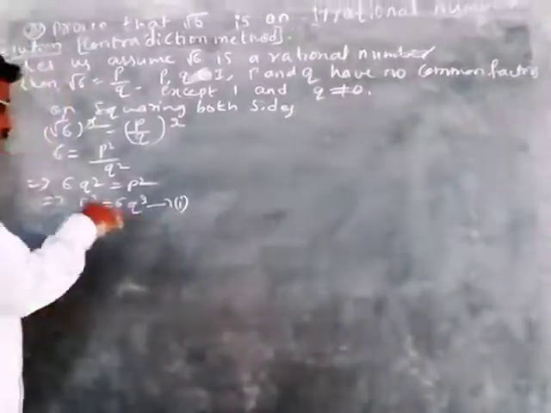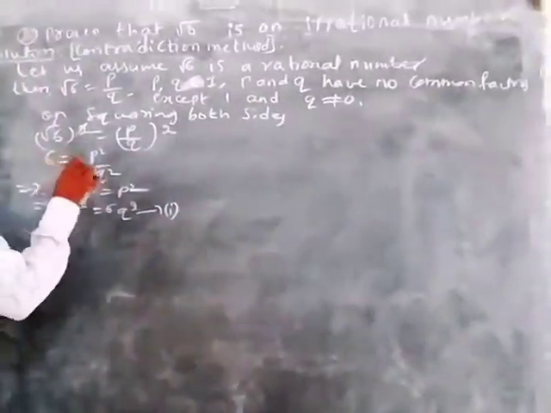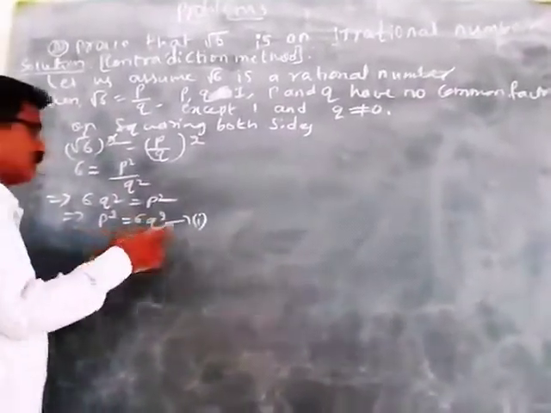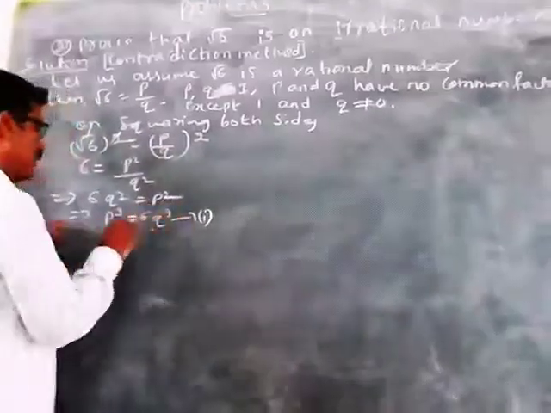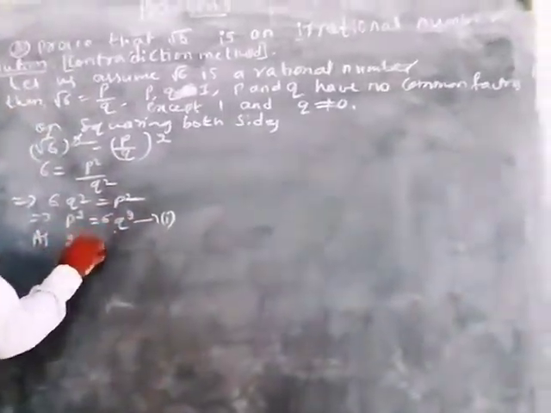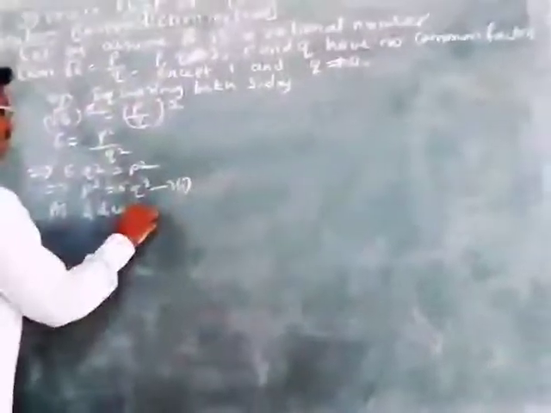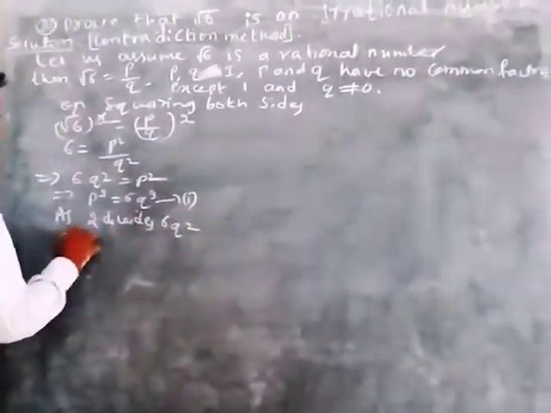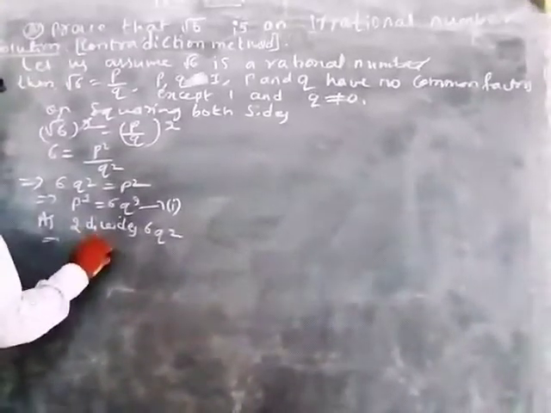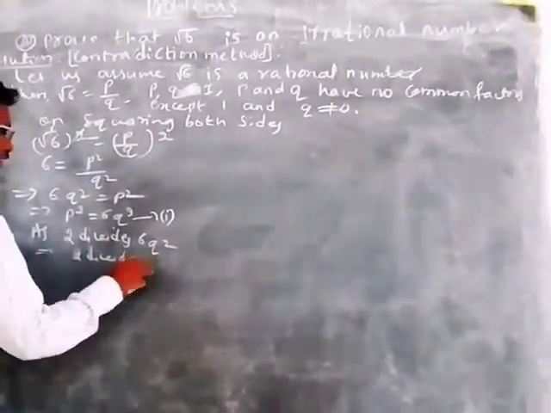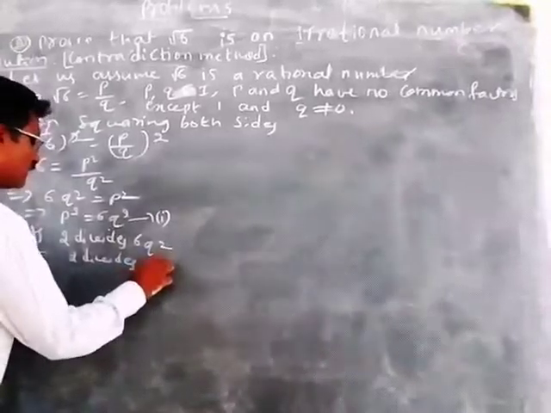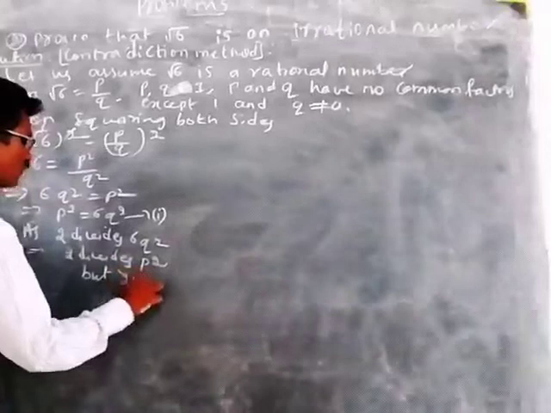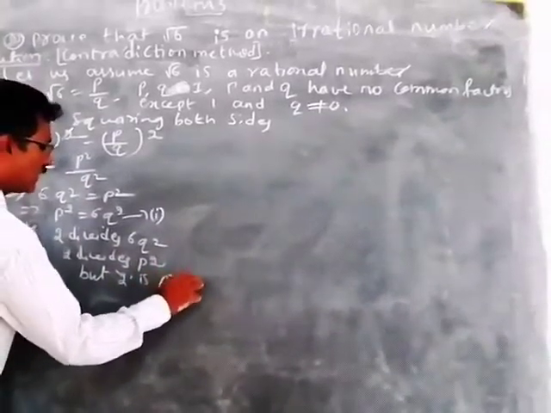Now, as 2 divides 6Q square, 2 divides P square. But note that 2 is a prime number.